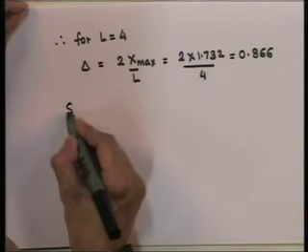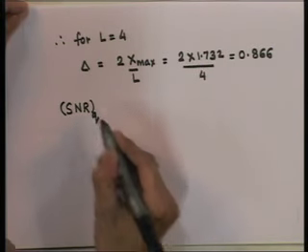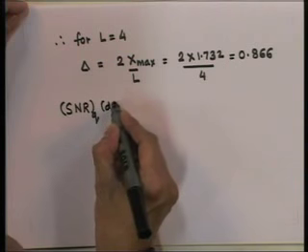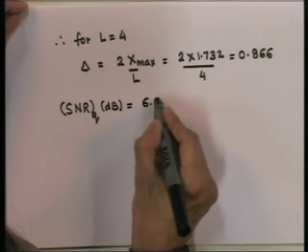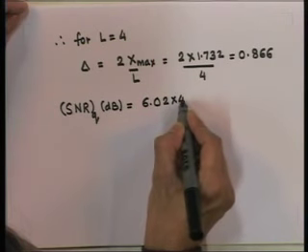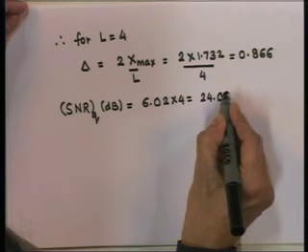Again, the signal to quantization noise ratio in dB for this case is equal to 6.02 multiplied by 4, which is 24.08.